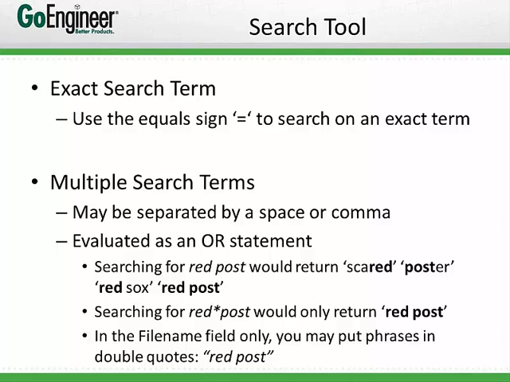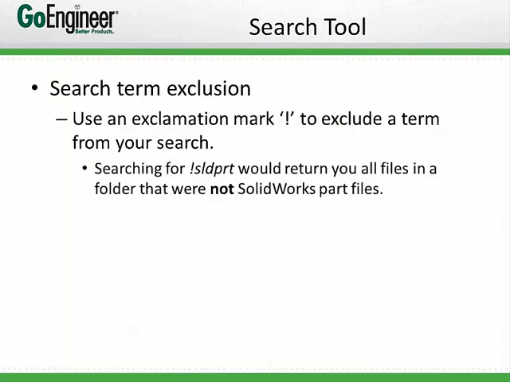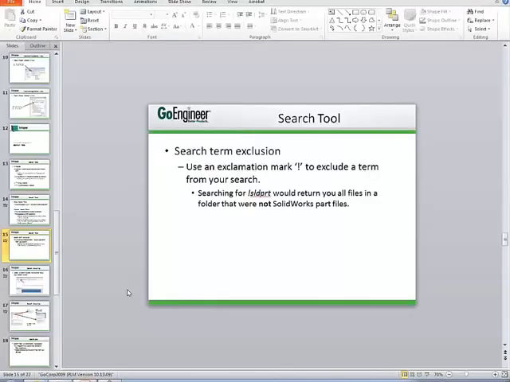One other search syntax that you may not be aware of is the exclamation point. The exclamation point can be used as a not equals. So if I wanted to exclude certain results from my search results, I can use the not equals.